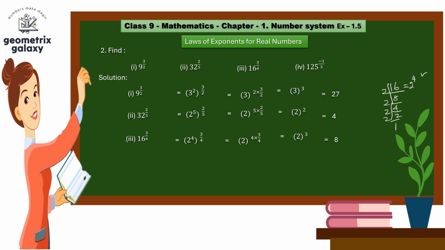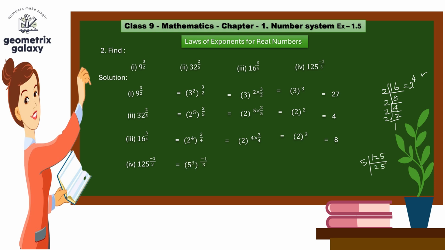The last subdivision is 125 to the power minus 1 by 3. Students, now it is your duty to think how to write 125 in terms of power 3. So you do immediately the prime factorization and find the answer. So 125 is nothing but 5 cube.